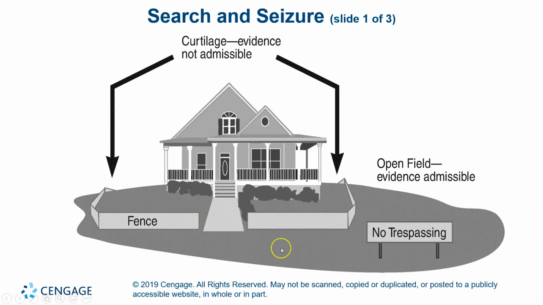But way outside in this open field, even if there's a sign, it would be admissible because there's no expectation of privacy out there, but within this fenced curtilage area of your home, there actually would be. Hopefully that picture helps the concept of what we're talking about. Again, the curtilage is the grounds or fields attached to that particular house.